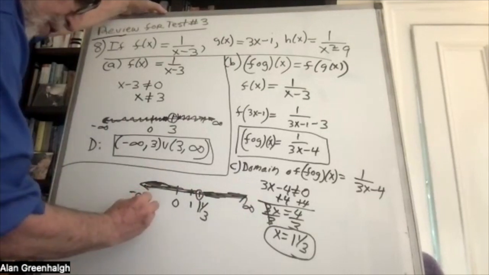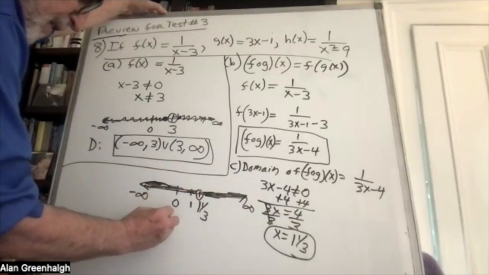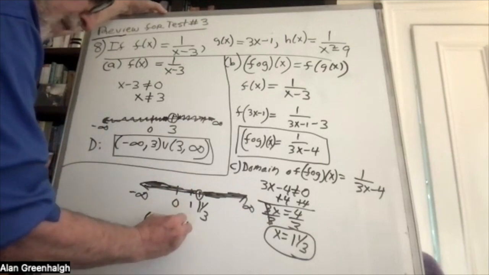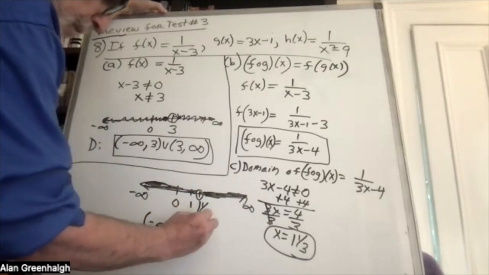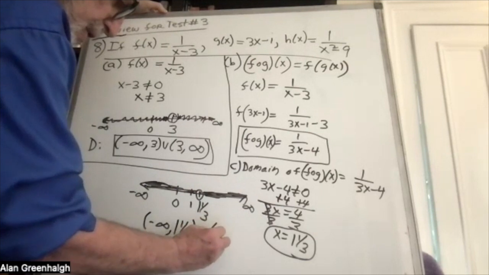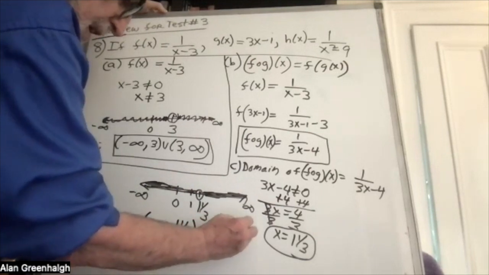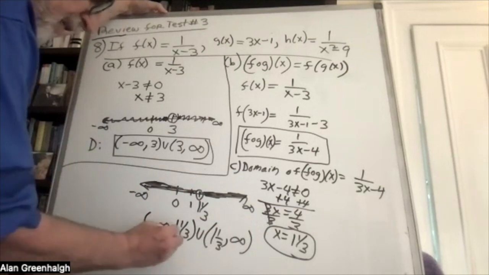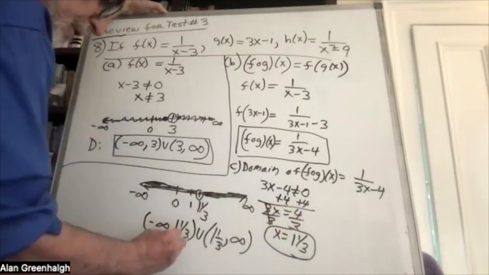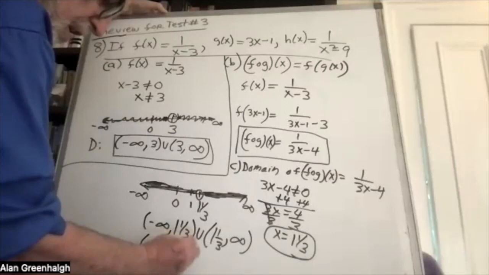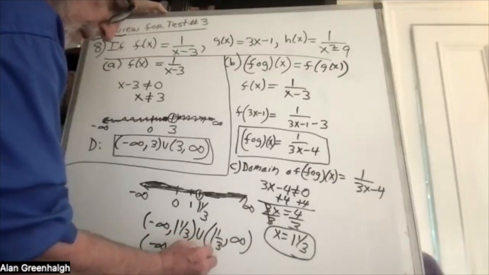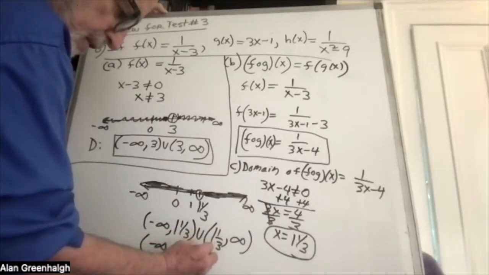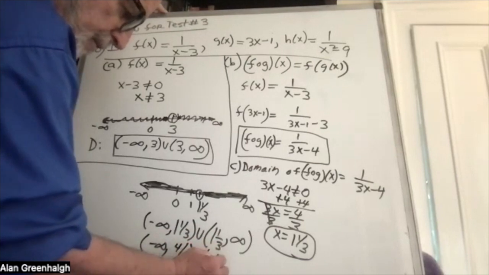And in interval notation, negative infinity to 1 1/3, 1 1/3 to infinity. And if you wanted to, it could be negative infinity to 4/3 if you didn't want to change it to a mixed number, 4/3 to infinity.